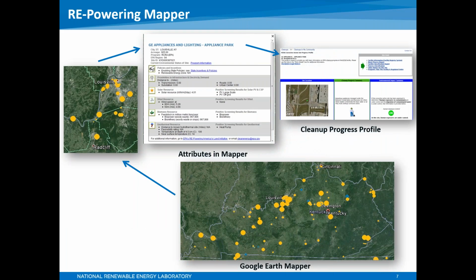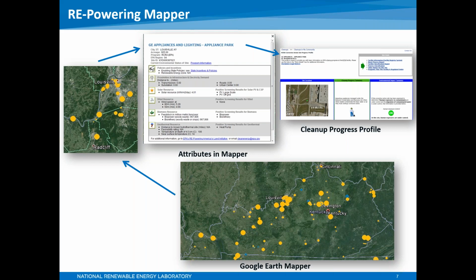This is just a snapshot of what you might see if you go to the mapper and you want to drill down a little bit into your state or your area. So for instance, you might want to identify sites that are high potential for solar. You would just input that criteria into the mapper. It's a very user-friendly tool. Let it know that those are the sites that you're interested in, and then it gives you more of an overall picture, which is in the bottom of your screen.